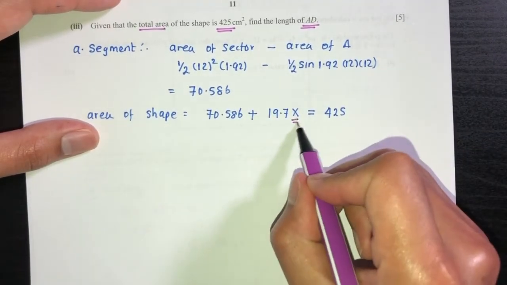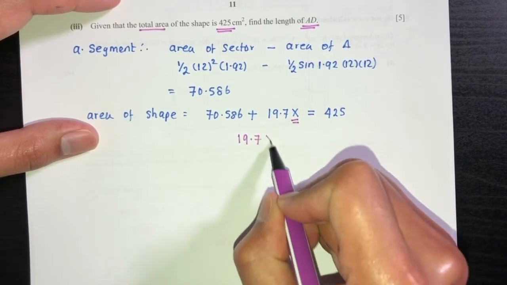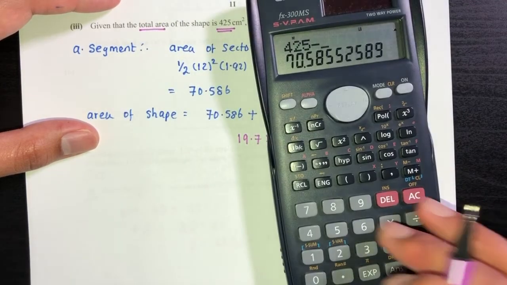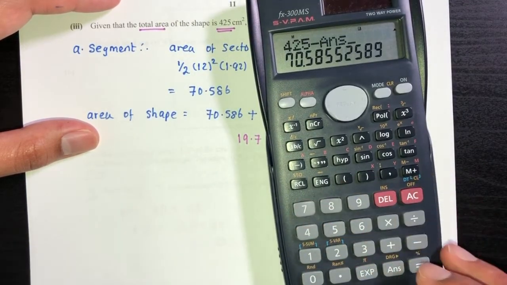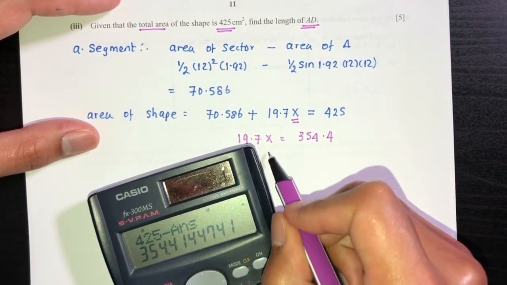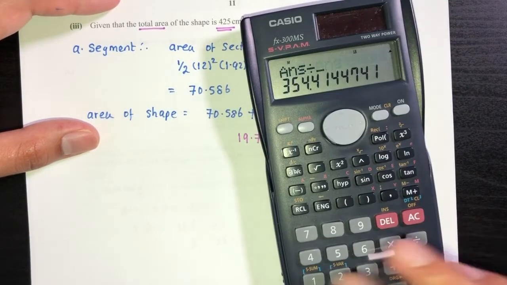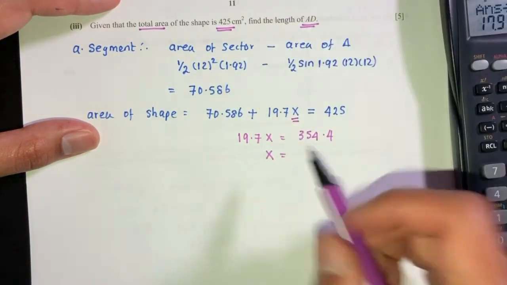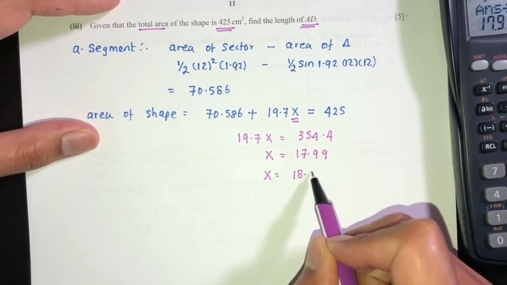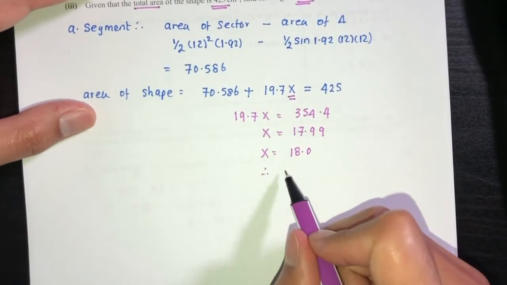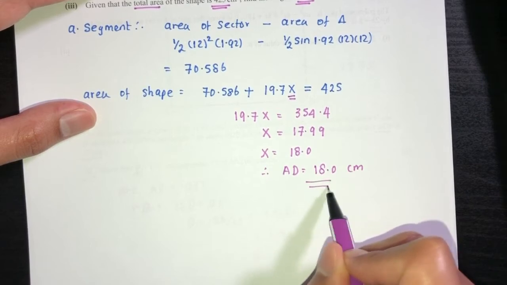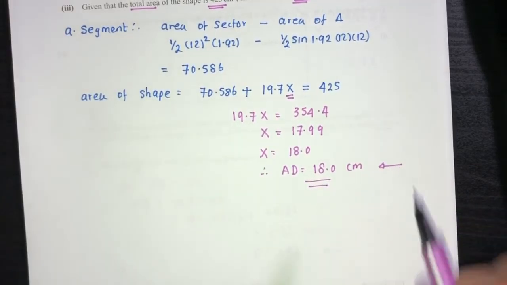So 19.7x is equal to 425 minus 70.586. That will be 354.4. So x, we have to divide by 19.7. That should be 17.99. So x is 18.0. x is just the length of AD. So AD is 18.0 centimeters. And that is part 3 of your question number 8.